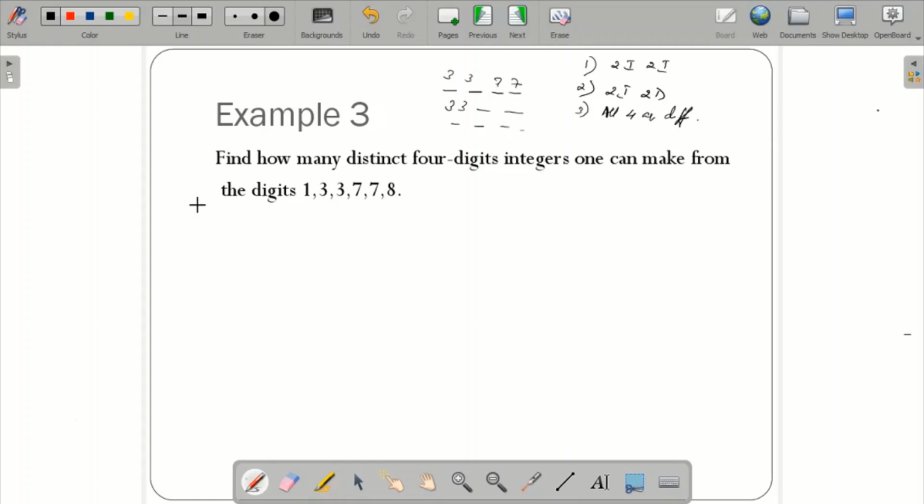So let us solve the first case. Two of the 4 digits are identical and another 2 are identical.